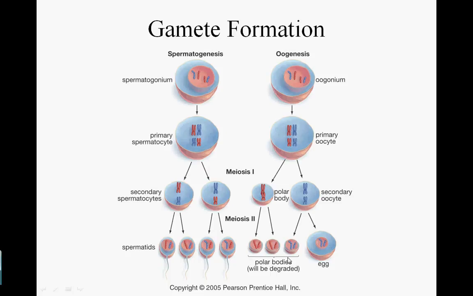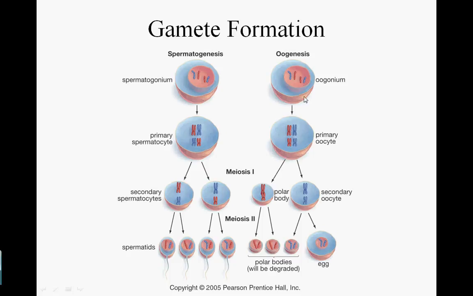So the differences that you need to understand is that in spermatogenesis, you start off with 1 diploid spermatogonium, and you're going to end up with 4 haploid sperm cells, or spermatids. Oogenesis is slightly different. You're going to start off with 1 diploid oogonium and end up with 1 useful egg cell and 3 polar bodies.